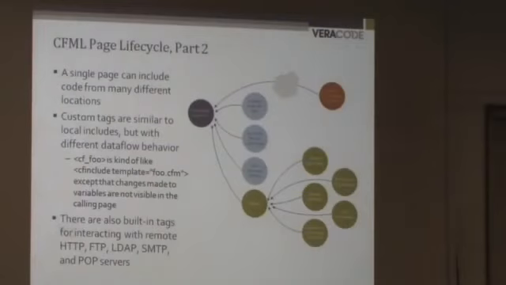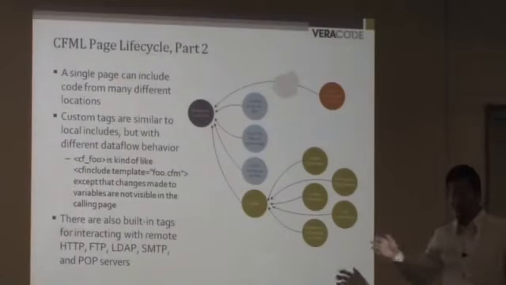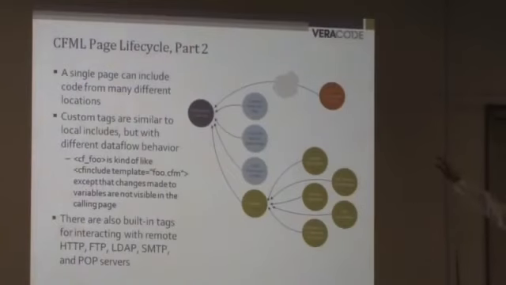When a CFM page is executing, it can pull code from a bunch of different places. And unfortunately, you probably can't read any of that. But the light blue ones just say local CFM pages or user-defined functions from local CFC pages. You can see that it is possible to invoke user-defined functions over the internet.